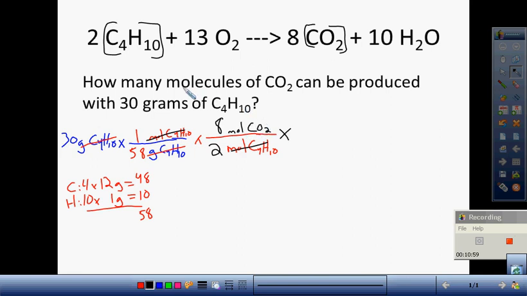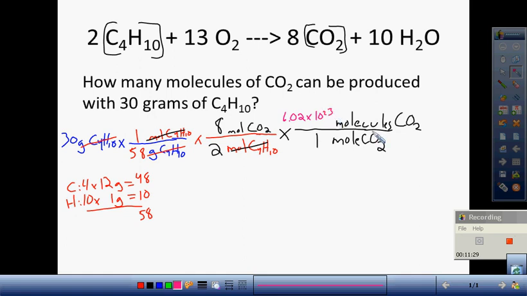I don't want moles of CO2. I want molecules of CO2. So I'm going to take my units here. Now I can go from moles to molecules. There's only 1 mole in this fraction, so I use 1. And I know for molecules, that's Avogadro's number. That's a number to memorize.